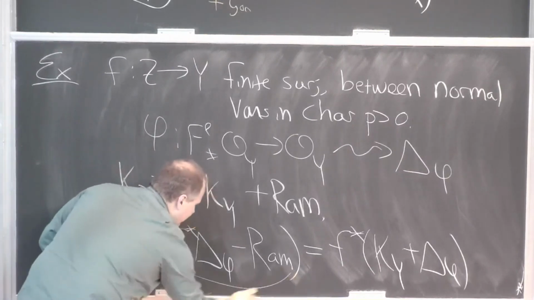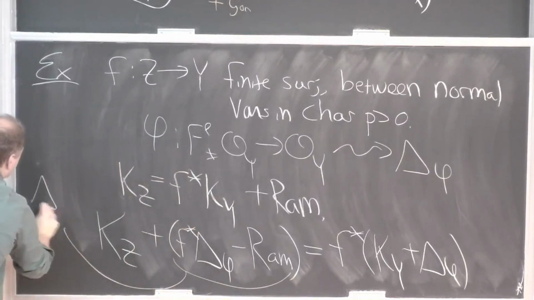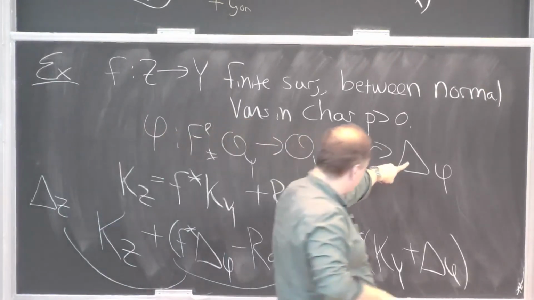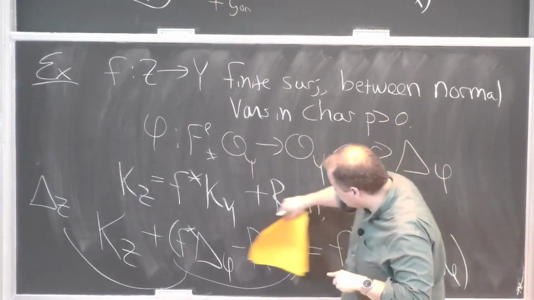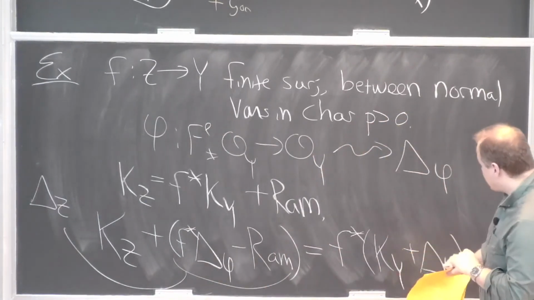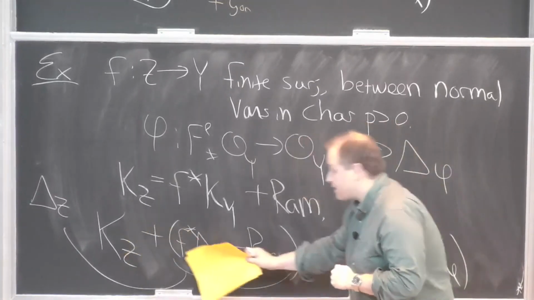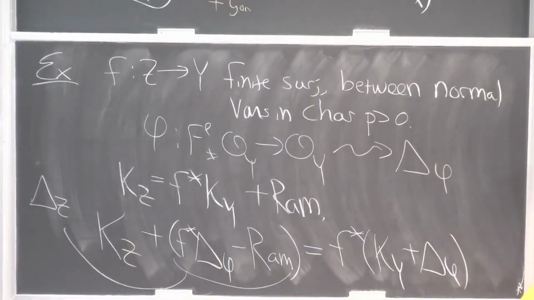And this something right here, maybe I'll call that delta z. All right. Okay, so I have a pair, y delta on y. I can pull it back to z, and I'm going to get the pullback of ky plus delta is kz plus something else, some other term. Okay. I'm calling it delta z to help me keep track of it.